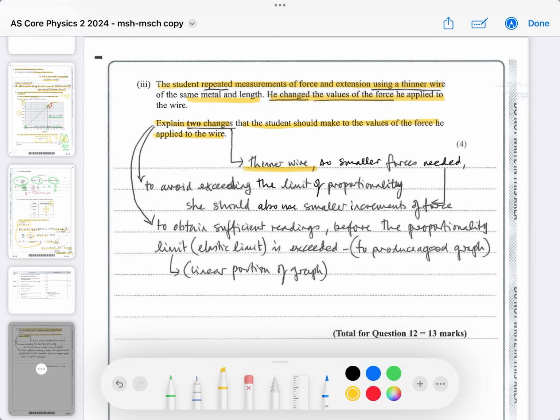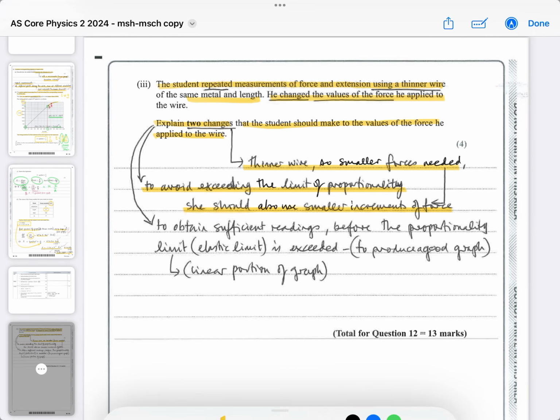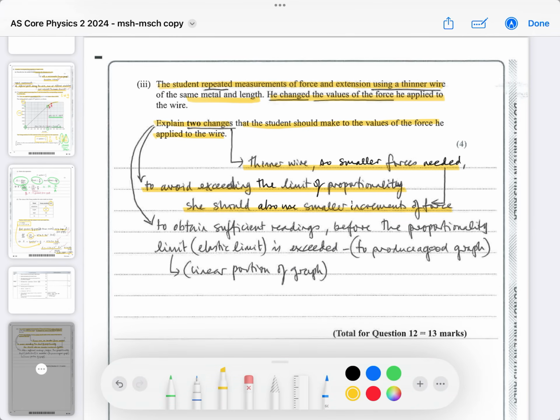He needs a smaller force because a thinner wire will stretch more easily, so you want to avoid exceeding the limit of proportionality before you get data. The student should use smaller increments of force as well. Okay, so these are the two changes. The explain part is different from the describe part.